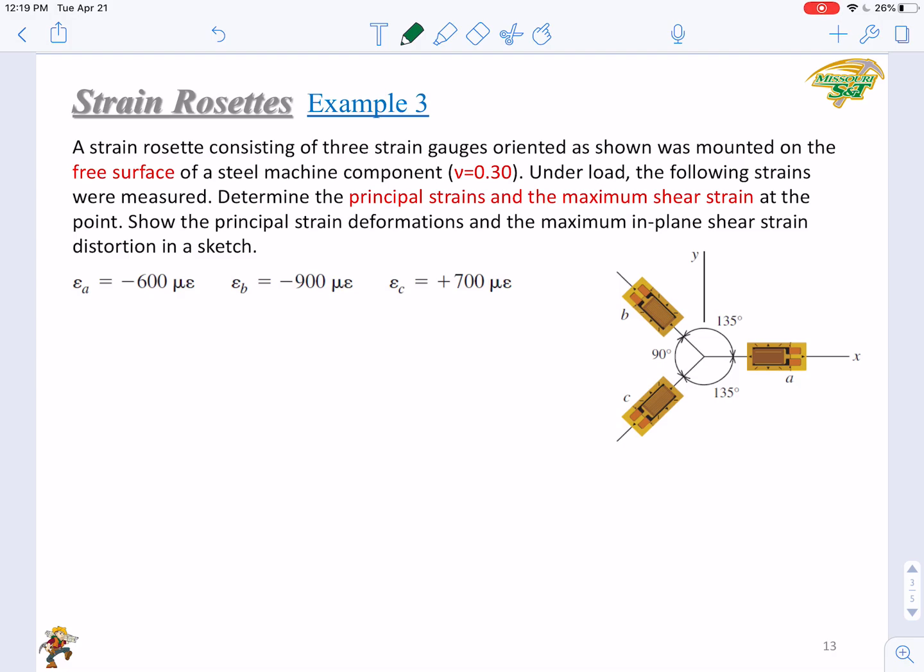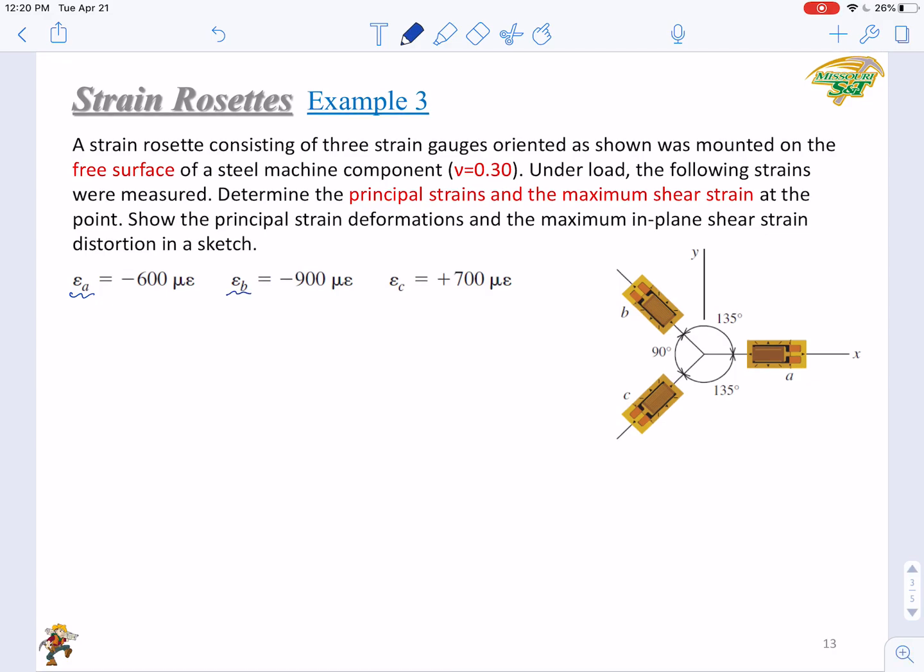Here the three readings have been given. These are epsilon A, that is negative 600, epsilon B, negative 900, and epsilon C is 700 microstrain. And their angles are, respectively, theta A equals 0 degrees, right?